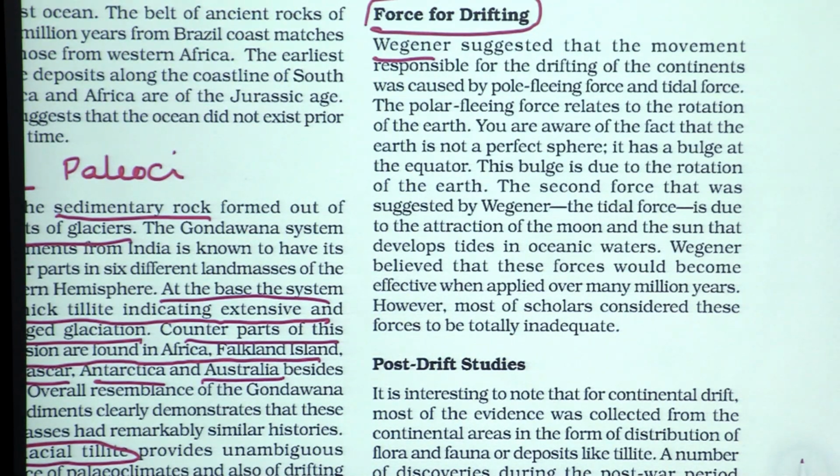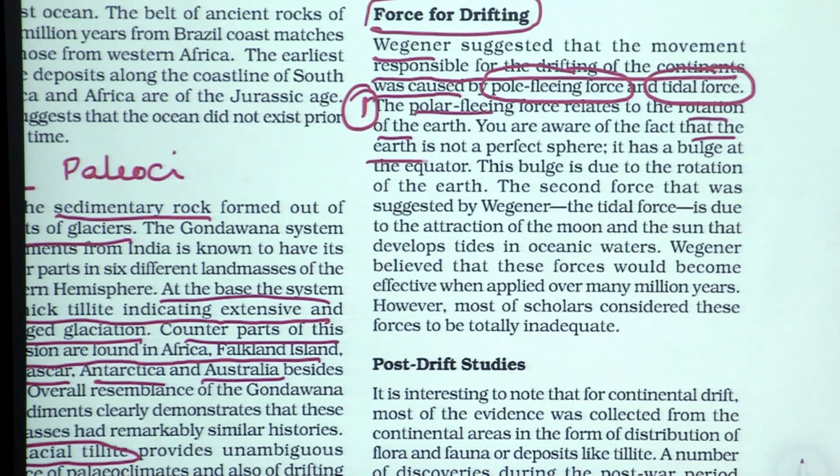Wegener suggested that the movement responsible for drifting of the continents was caused by pole fleeing force and tidal force. The pole fleeing force relates to the rotation of the earth. We are aware of the fact that earth is not a perfect sphere. It has a bulge at the equator. This bulge is due to the rotation of the earth.